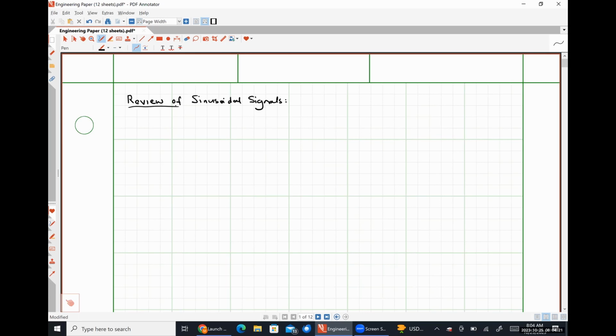Let's first talk about the reason we're looking at sinusoidal signals at all. We are about to enter a portion of this class that is pretty much entirely devoted to the concept of steady state sinusoidal circuit analysis.